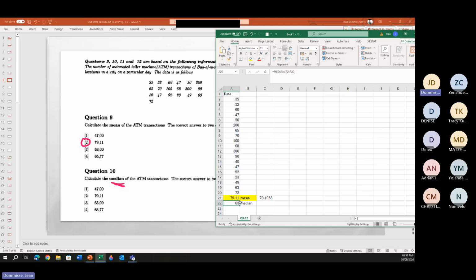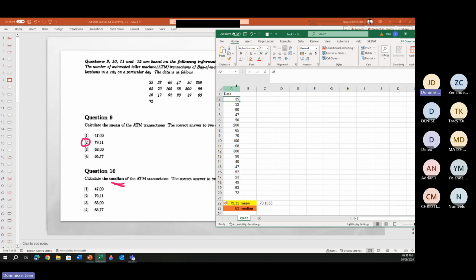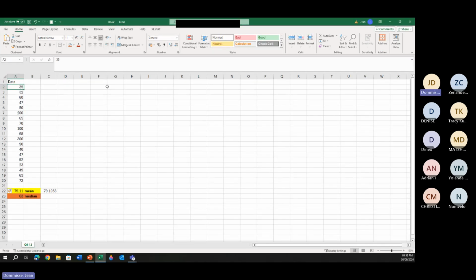Okay, so if you look at that 63, but let's quickly look at the ranked data. One could have ranked this data in Excel as well. So we could have said, let's just sort the data, sort from smallest to largest.